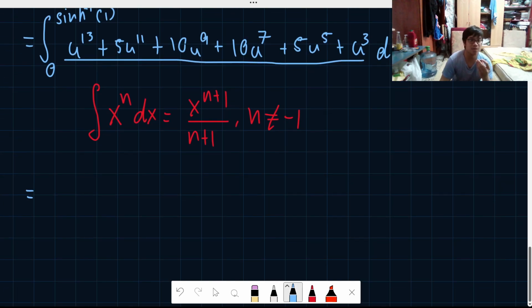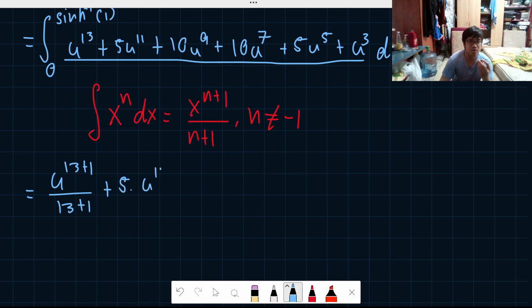So with that, we will have u raised to 13 plus 1 all over 13 plus 1 plus 5 times u raised to 11 plus 1 all over 11 plus 1 plus 10 times u raised to 9 plus 1 all over 9 plus 1 plus 10 times u.